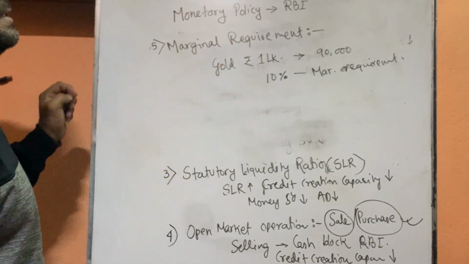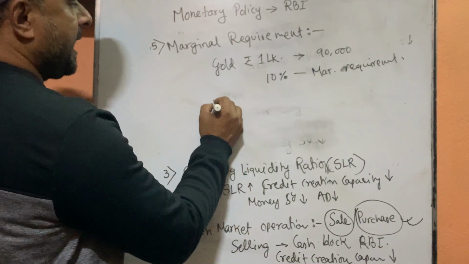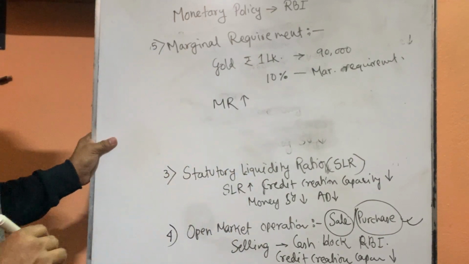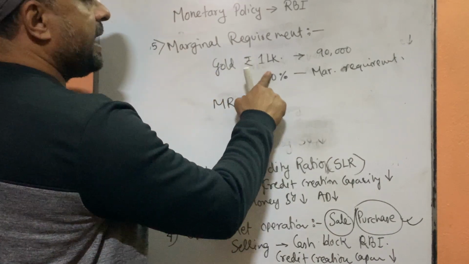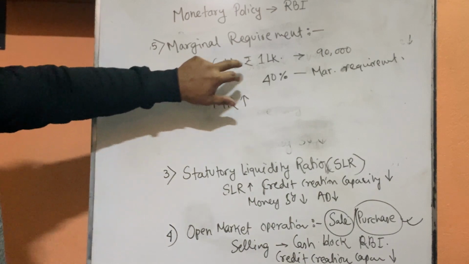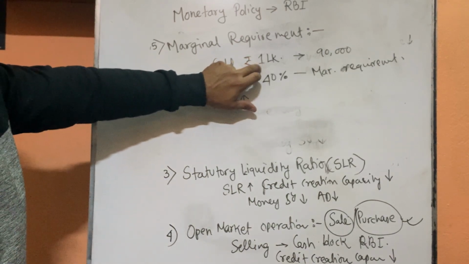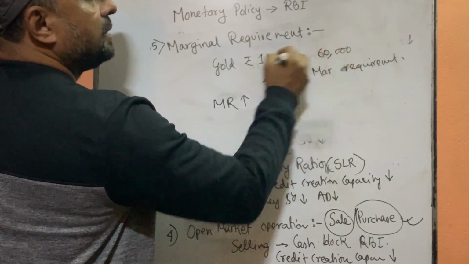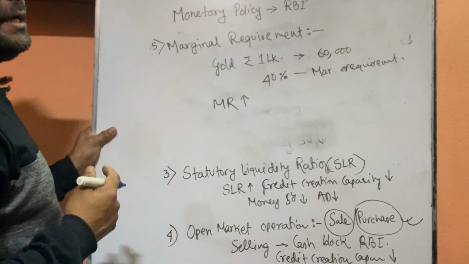So when there is excess demand in the country, the bank increases the marginal requirement. Suppose generally it is 10%, now the bank makes it 40%. If I keep gold of 1 lakh rupees with the bank, I will get a loan of only 60,000. My interest in taking loans will fall.